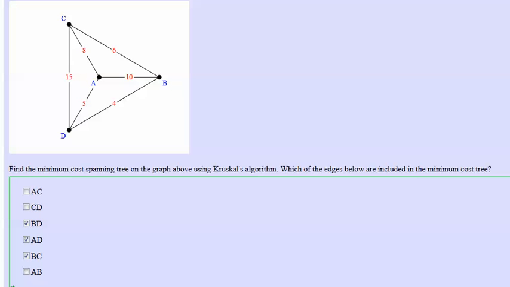And we can choose that because it doesn't close the circuit. But at that point, we have spanned it. Okay, we have made a tree. Every place is connected somehow in there. So it's those 3 edges, BD, AD, and BC, that will be included in that minimum cost spanning tree.